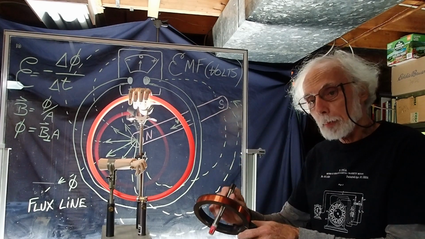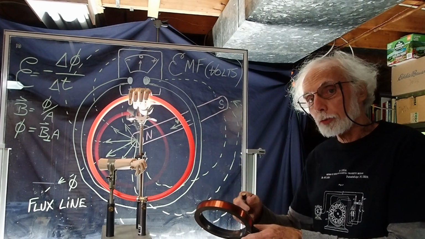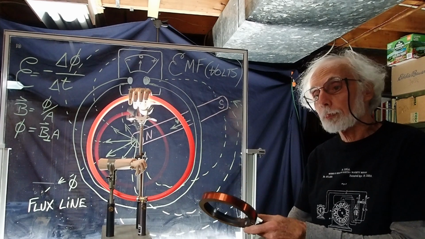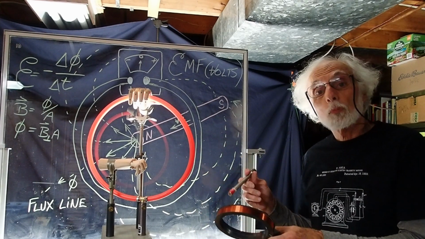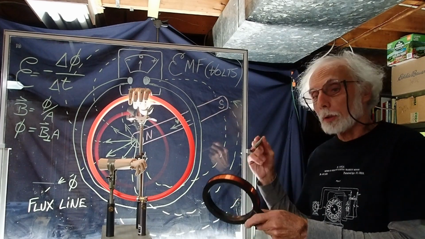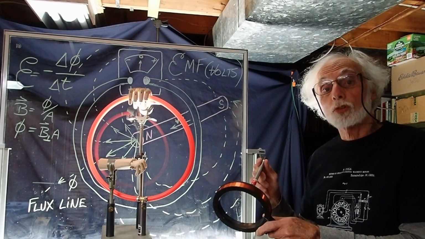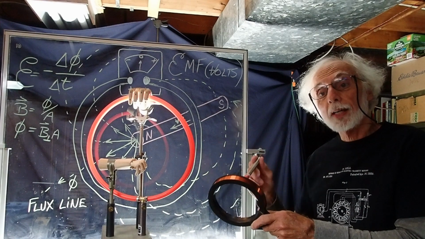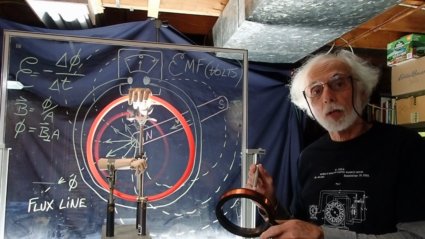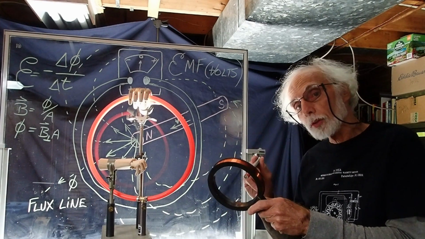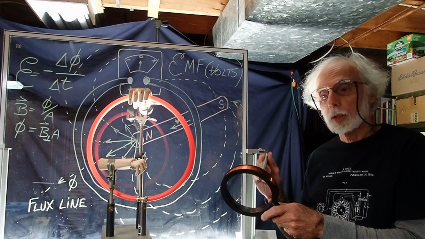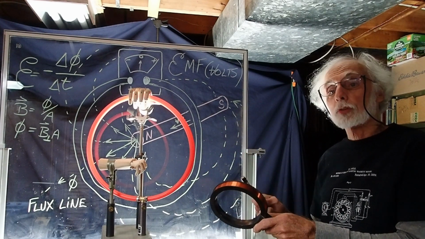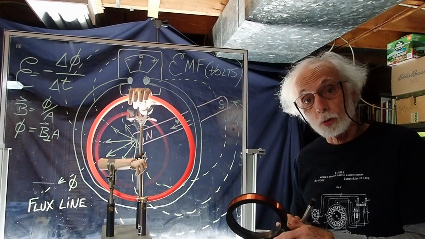So in goes the magnet, we're producing a current that produces a magnetic field that opposes it. In more technical terms, the electric current is in a direction to fight the change in the flux. So if I try to increase the flux, I'm going to get a current that tries to decrease the flux. If I'm going to decrease the flux, I get a current that tries to increase the flux.